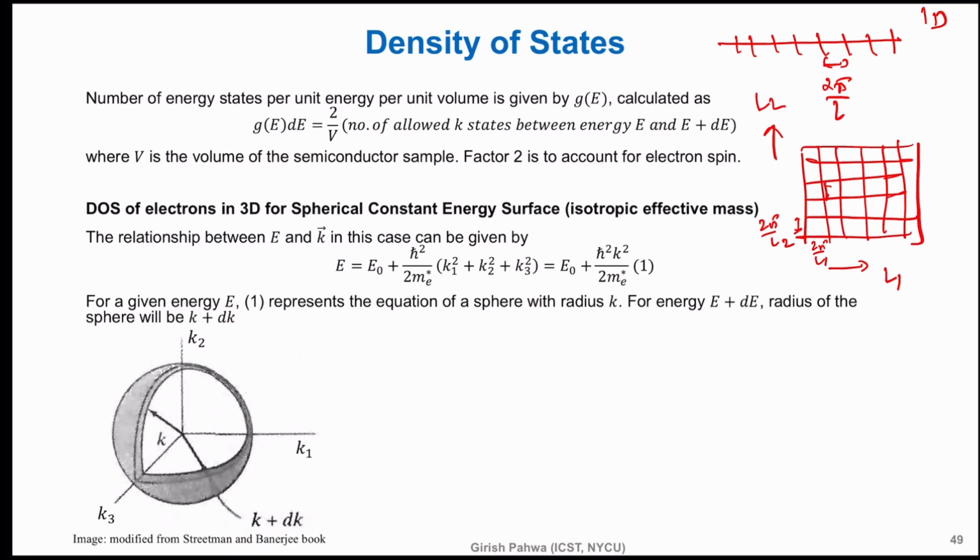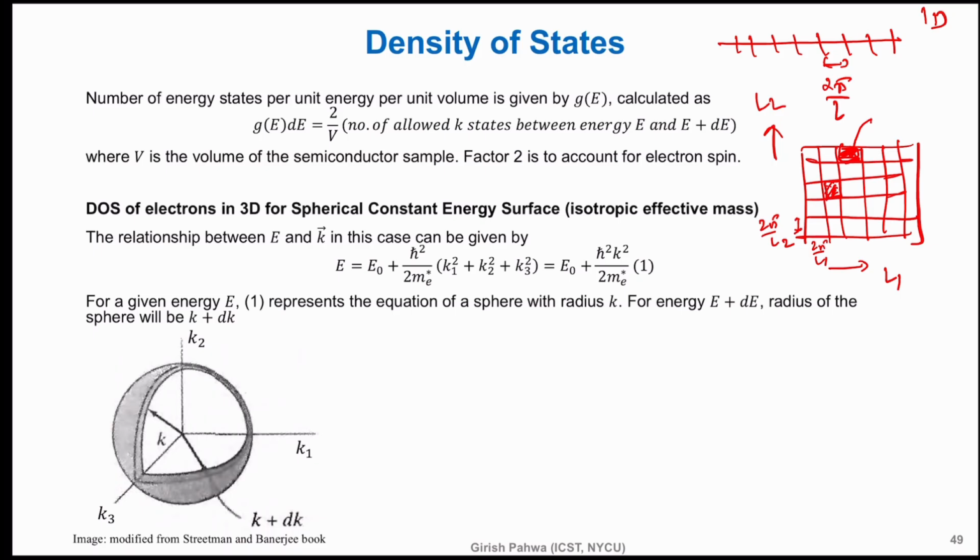Now each of these small squares corresponds to one k point. So if you can count the number of these small areas within a given space, you can count the number of k states within that space, because one small area is associated with one k point.